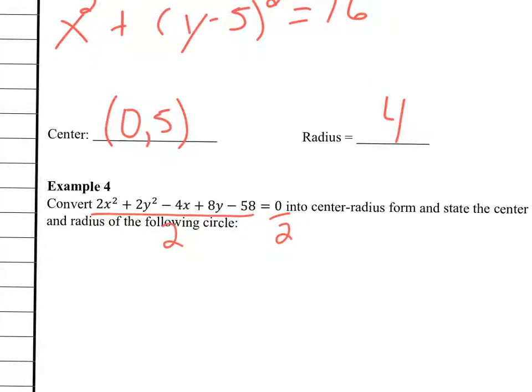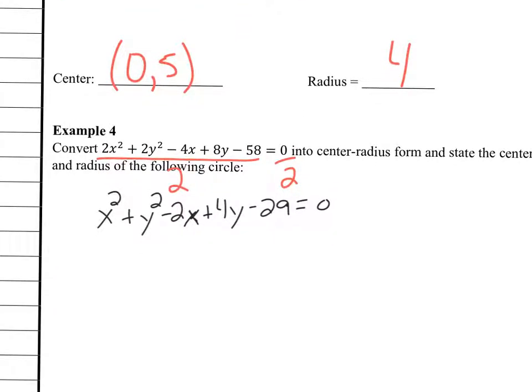All right, so move that down. When we divide it, we end up with x squared plus y squared minus 2x, make that an x, plus 4y minus 29 equals 0. Now we're going to do the exact same thing that we did before. So we're going to group all the x's together.